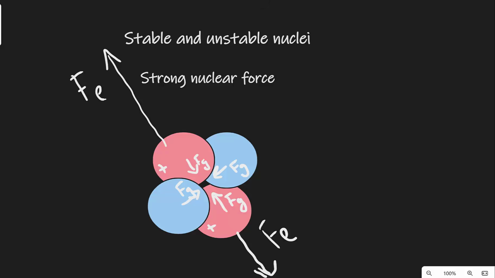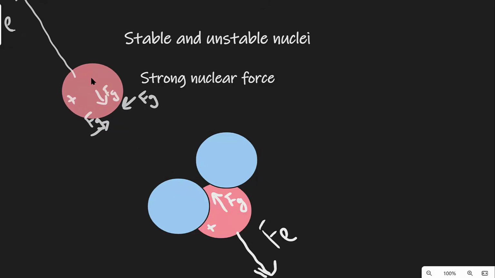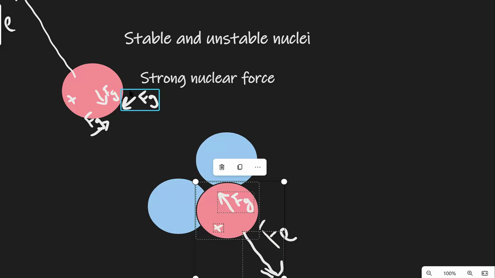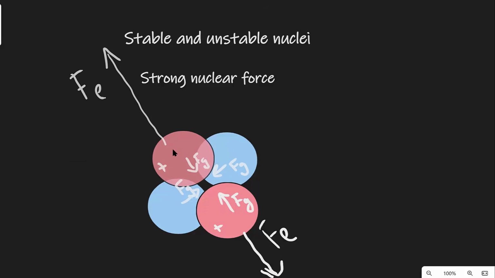Now, if those were the only two forces to exist, this means that matter would just separate out, and this particle would just fly out, and this particle here would also fly out, because they are repelling each other.